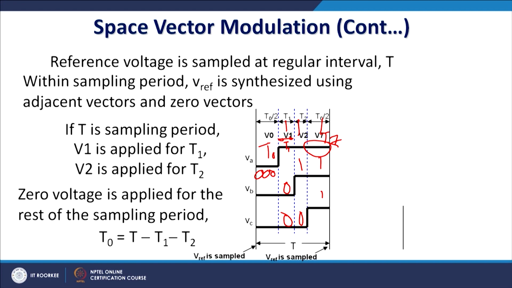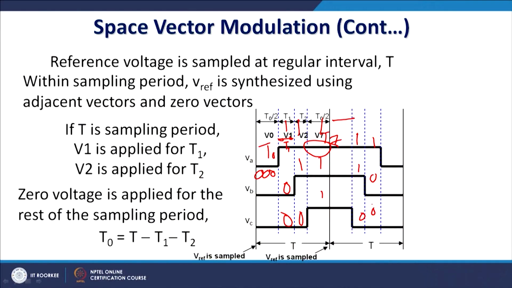Now, let us come to the next sample. Its past state was 1 1 1, because here there is no history, and you have to apply the null voltage. Let us apply the same null voltage to reduce the number of switching. So, for the period again 1 1 1 will be applied.